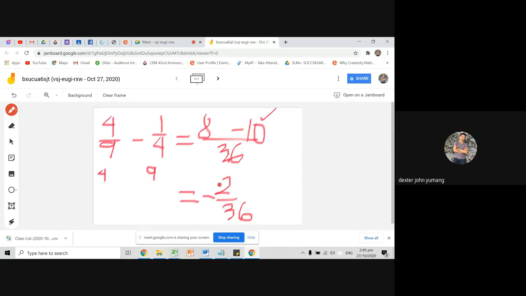Next, naka by 2 sila. Pwede po i-lowest term. So, magiging negative 1 over. Sa 36, ilang 2 po meron?